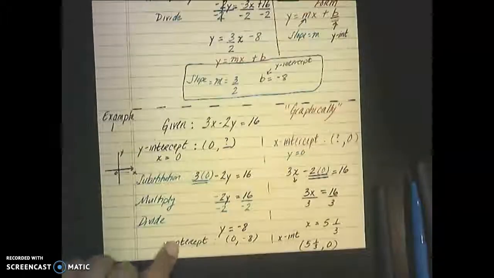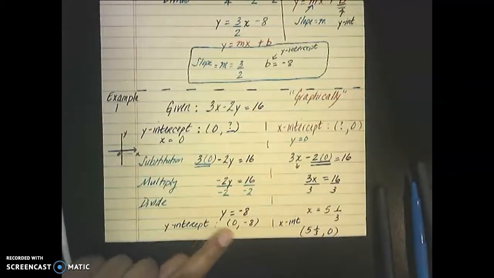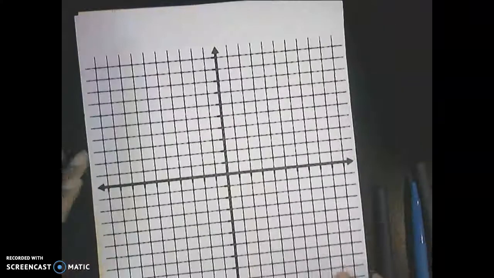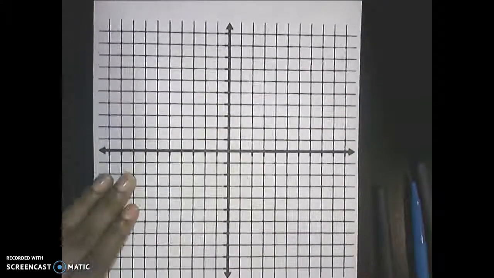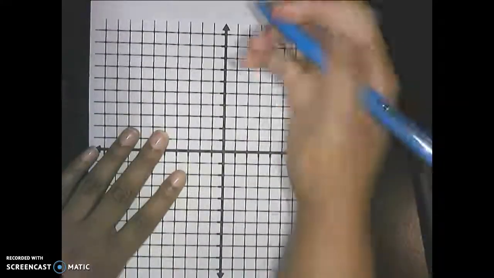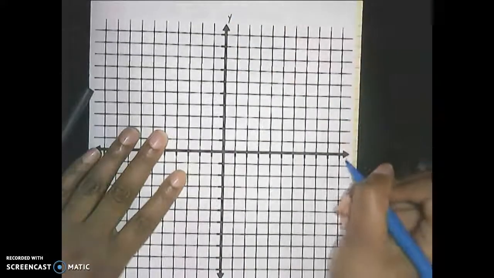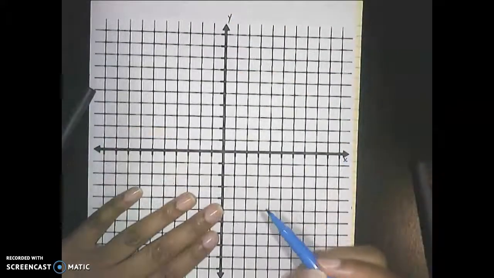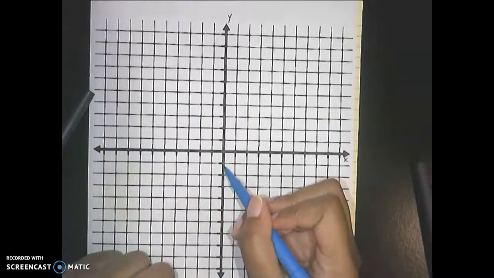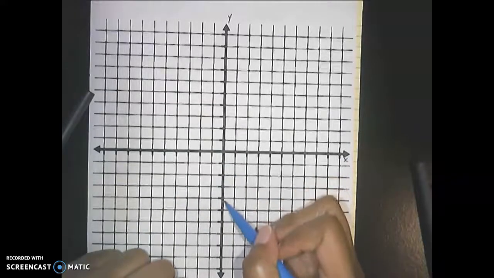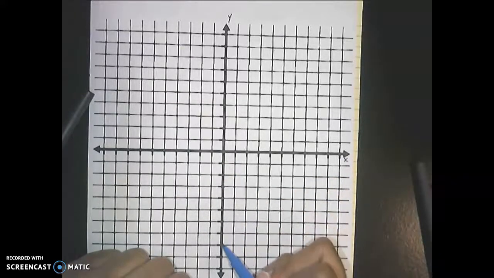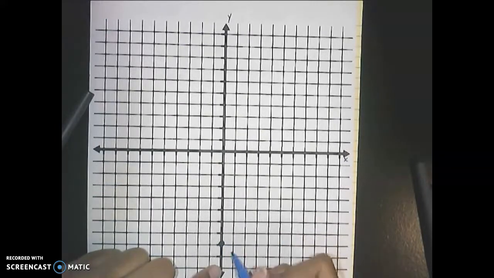We know that our y-intercept is 0, -8. All right, I've got my graph paper here. This will be my y-axis, and over here will be my x-axis. So I know at 0, -8, I have a point. So 1, 2, 3, 4, 5, 6, 7, 8. Boom, that's my point at 0, -8.